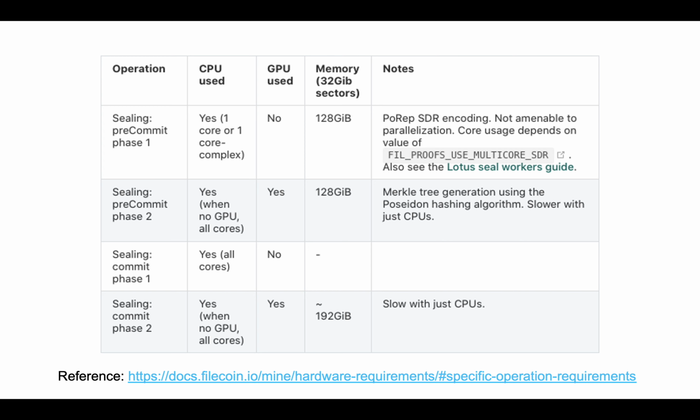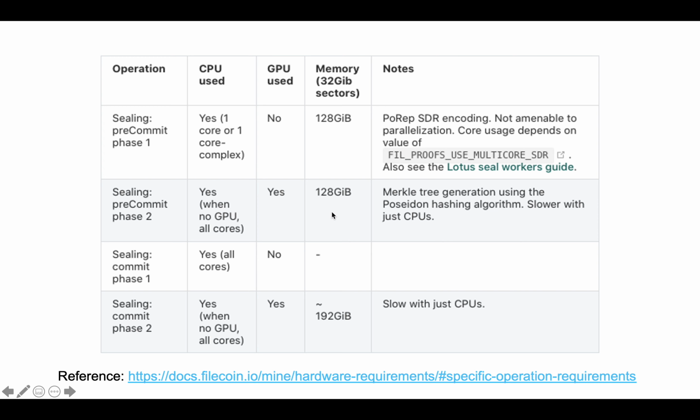Here is a chart showing how the phases use CPU, GPU, and memory resources. For the single sealing pre-commit phase 1, it uses only CPU resources, no GPU. It only uses 1 core of CPU per job, and the memory could be 128 gigabytes. But in my experience, a single PC1 job would use at most 70 gigabytes of memory. And the pre-commit phase 2 uses both GPU and CPU resources and also memory.